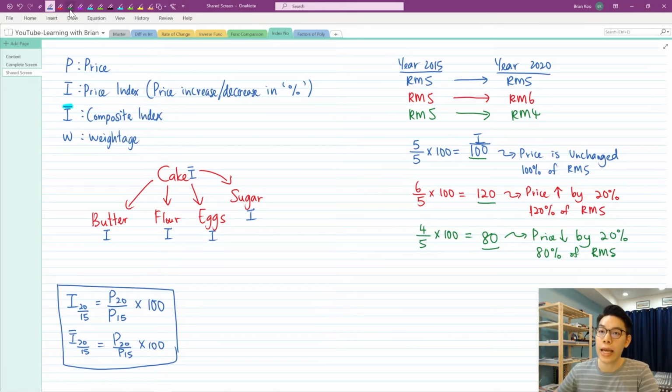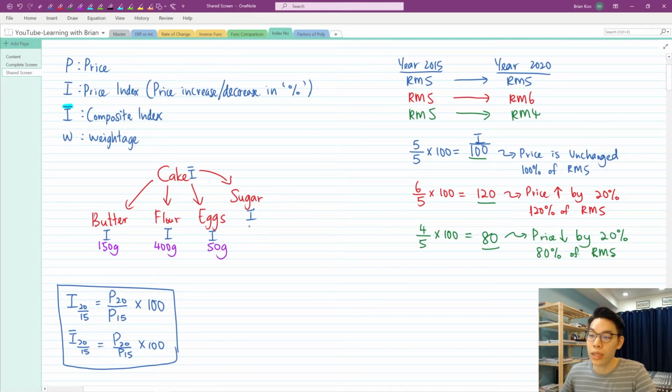Other than that, it's also important for us to know that to bake a cake, we need a certain amount of butter, flour, eggs and sugar, correct? So for butter, let's say we need 150 grams. For flour, maybe we need 400 grams. Eggs, maybe we need 50 grams.